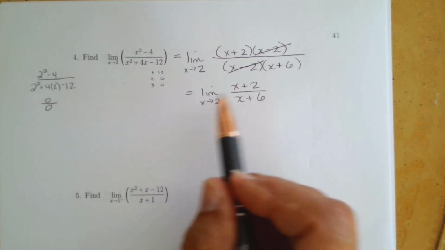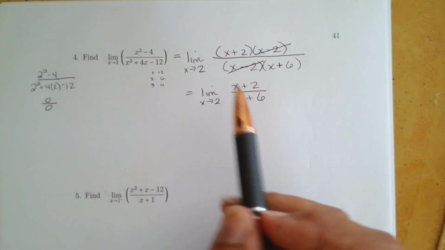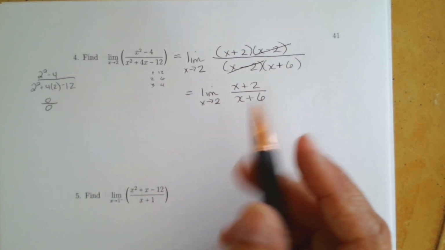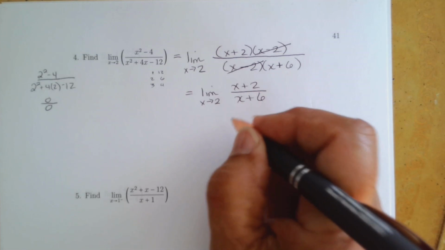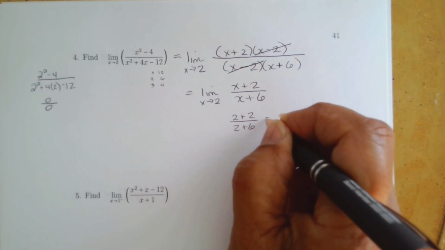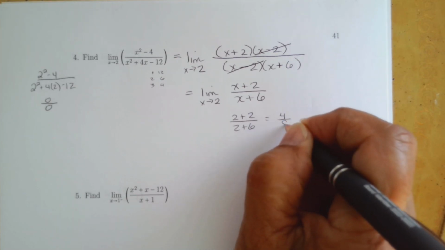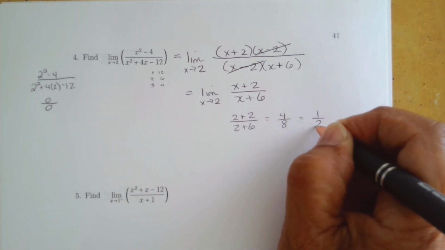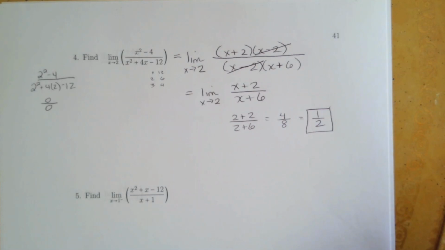Okay. So now I don't need the limit anymore, because remember, when you plug in, that's the time you don't need to write limit. So x approaches 2, so 2 plus 2 in the top and 2 plus 6 in the bottom. So that gives me 4 over 8, which is 1/2. So that is my limit value as x approaches 2.